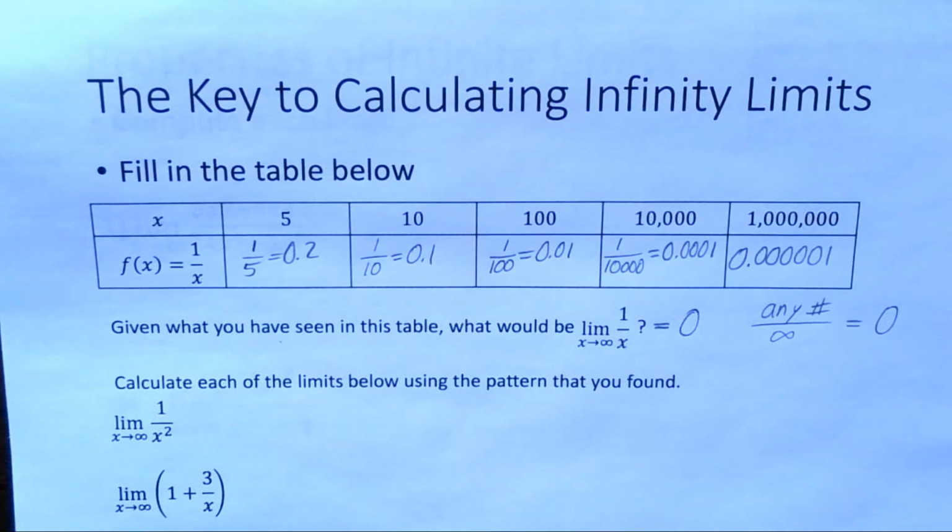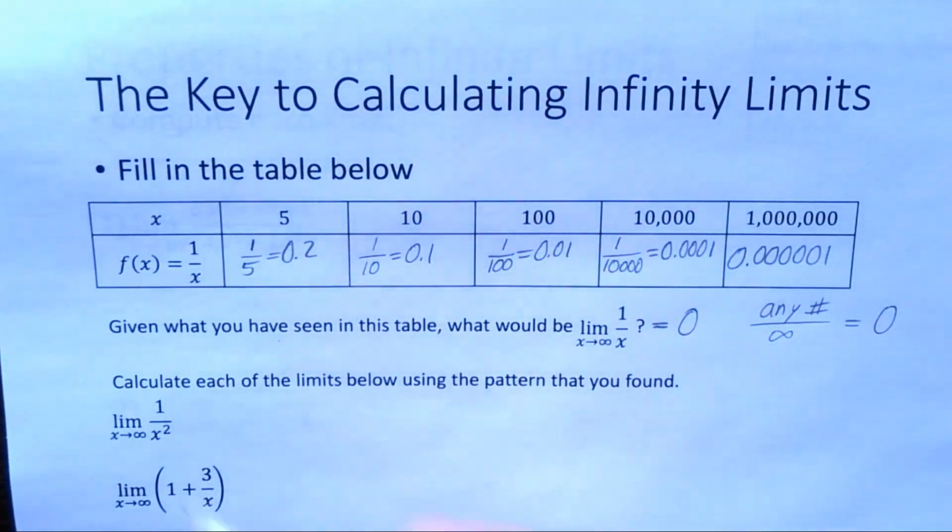Now, let's take a look at the two limits below. The limit as x approaches infinity of 1 over x squared, and the limit as x approaches infinity of 1 plus 3 over x. For the limit as x approaches infinity of 1 over x squared, think about it this way.